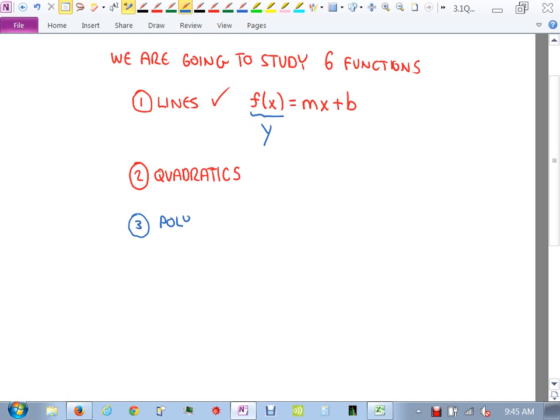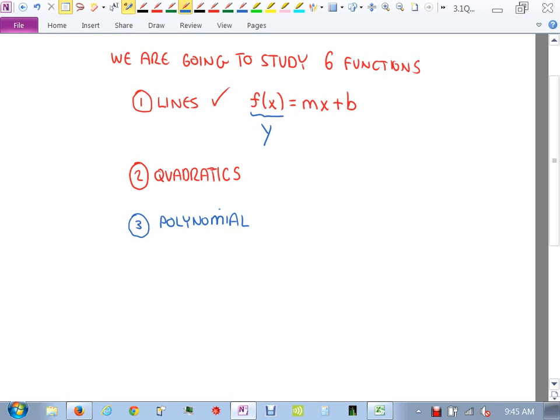Polynomial functions. So polynomial functions are going to require a couple of steps, and they're going to have some issues that we're going to have to remember. And the key will be that the way you graph a polynomial is completely different than the way you graph a quadratic.